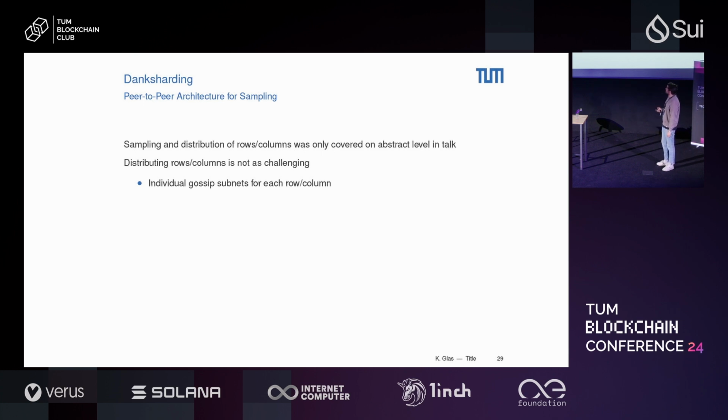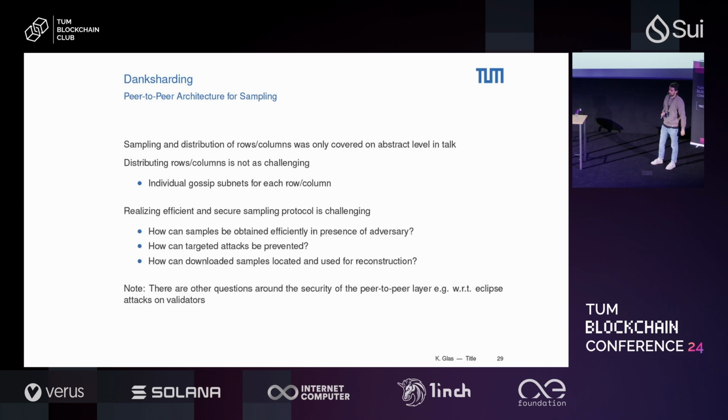All right. Now, as already my last slide, I think. In this talk, we've only covered the sampling and the distribution on an abstract layer with respect to the network. As you may know, in Ethereum, there's a peer-to-peer network.